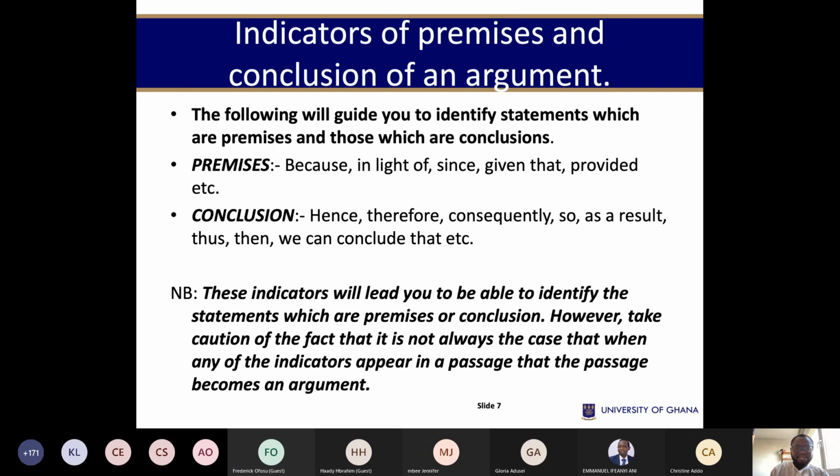So we looked at some premise indicators and some conclusion indicators.